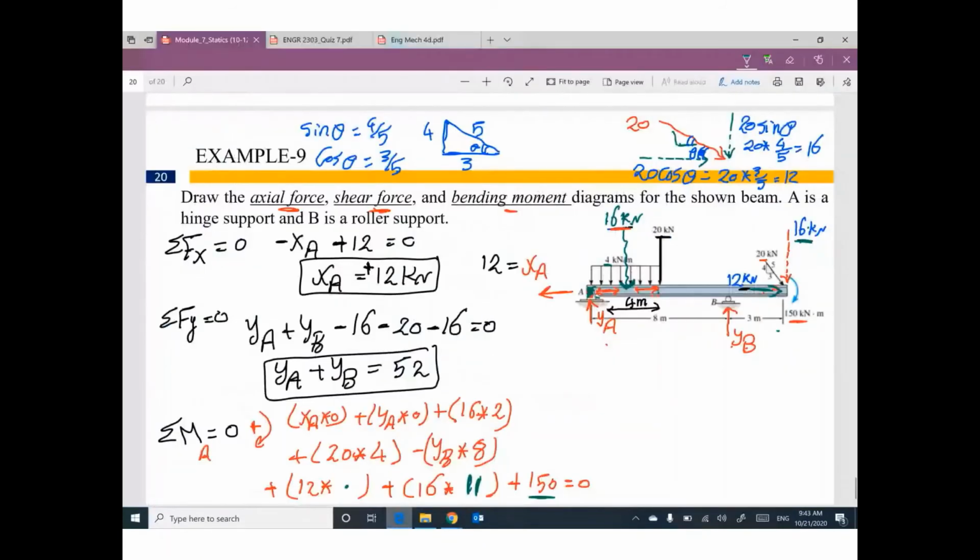Guys, your force and your distance must be perpendicular. This force is a horizontal force, so your distance must be vertical. Do you have any vertical distance in this beam? No, we don't have any vertical distance.